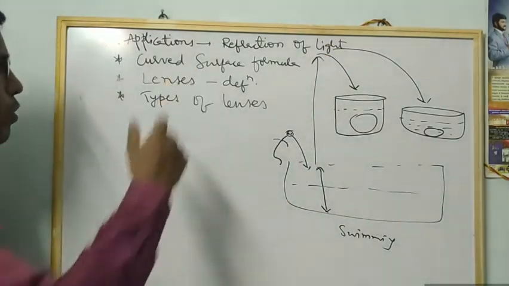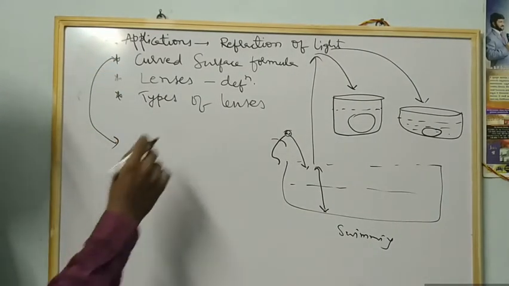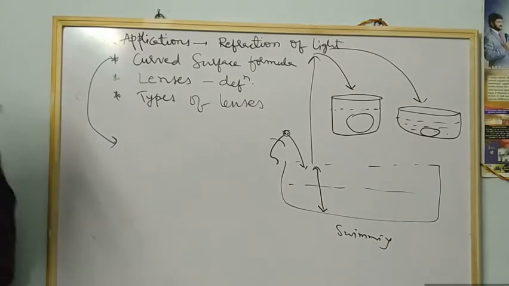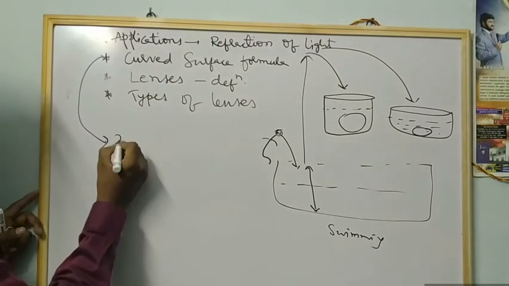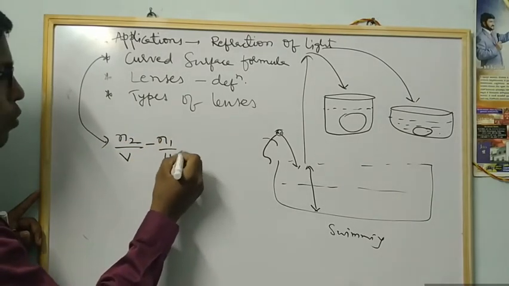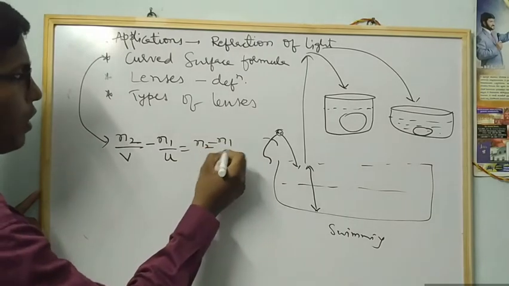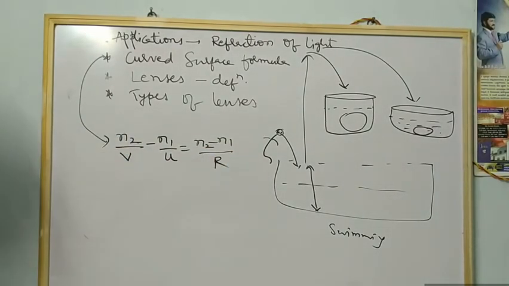Okay, now coming to the curved surface formula. I directly write the formula and explain the terms. In the exam, you may get it for 2 marks or 1 mark. Write the formula. Sometimes they will ask, write the formula and explain the terms. Curved surface formula is N2 by V minus N1 by U is equal to N2 minus N1 by R. What is N1? N1 is the refractive index of the first medium.